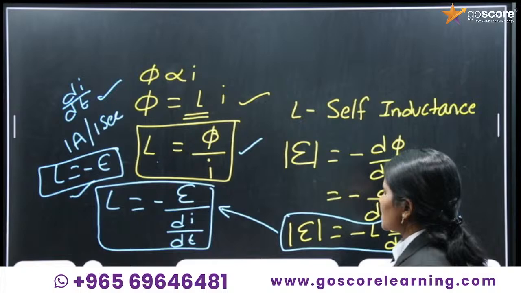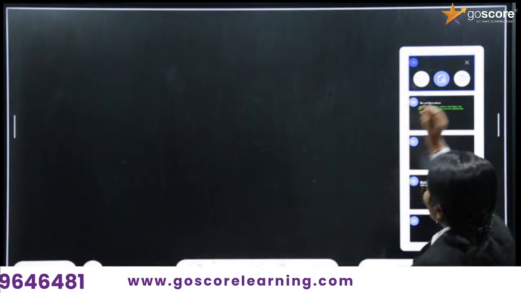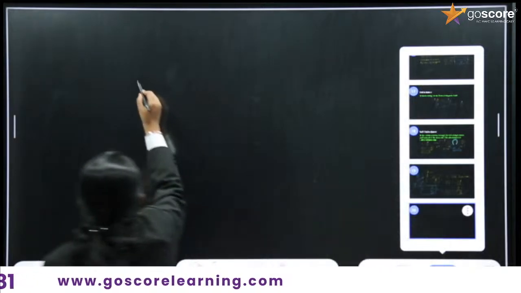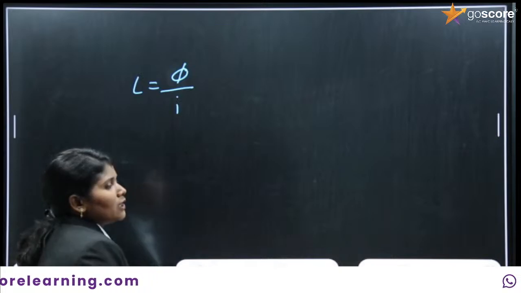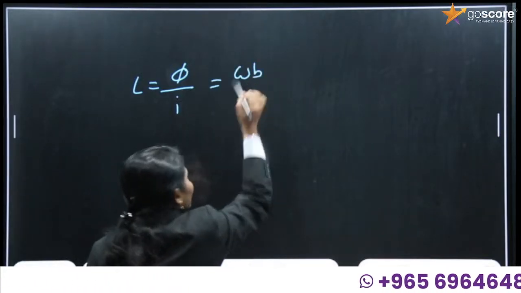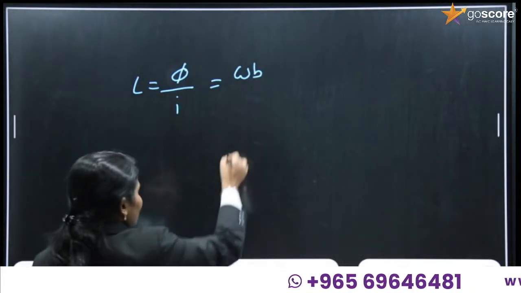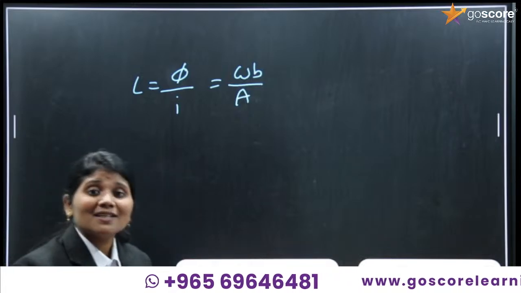What are the units? L is equal to phi by I. We know the flux units: webers. What is the current unit? Amperes. Then the unit is weber per ampere.